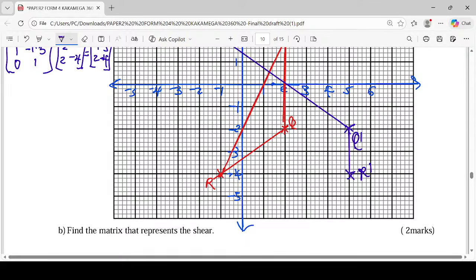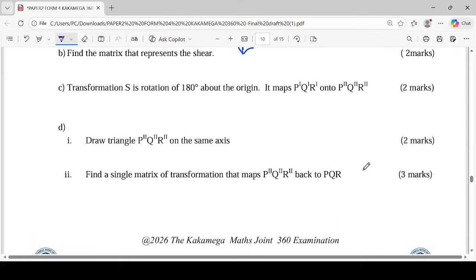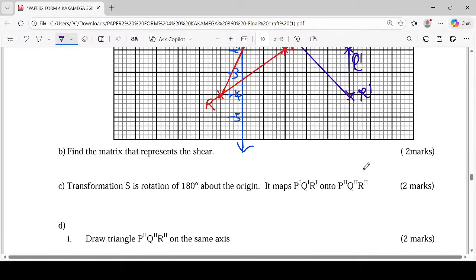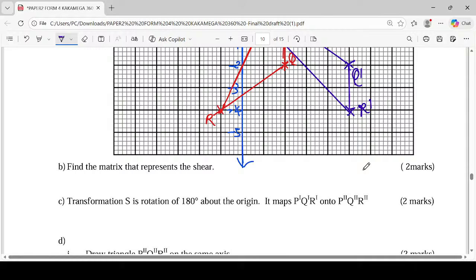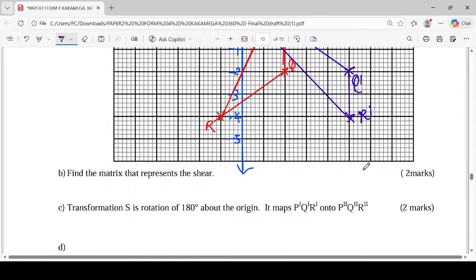We are getting this, that's what we've gotten. So we are being told, part B, find the matrix that represents the shear. We've already done that computation. Remember, because that shear has the x-axis invariant, it is 1, 0, K, 1 with K as the shear factor, times the coordinates for Q, which is 2, negative 2, should give you 5, negative 2.